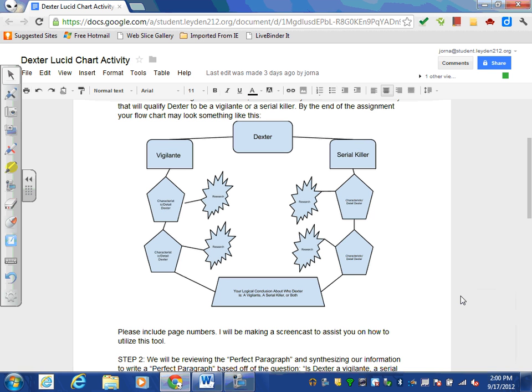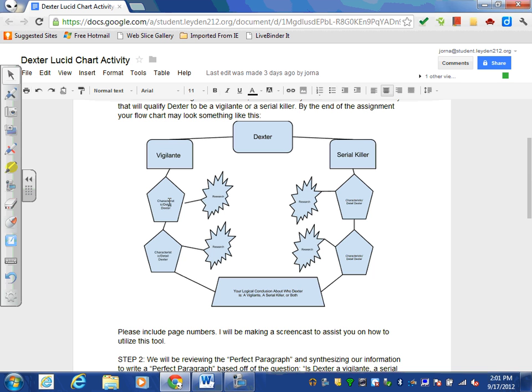So I want you guys to take a look at this representation of the chart that you created for this particular class through Lucid Chart. You have Dexter here, and then you broke it down into two different categories, one entitled Vigilante, one for Serial Killer.